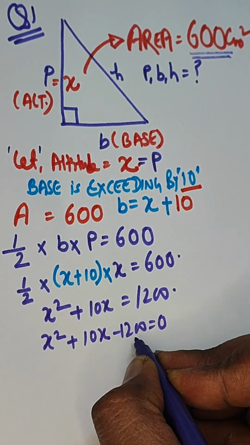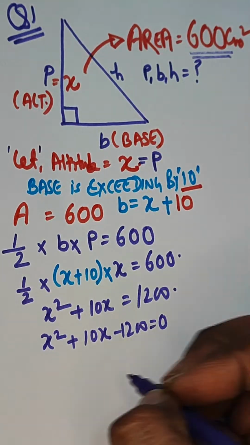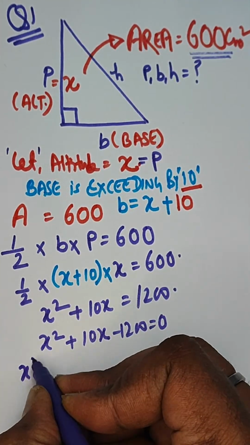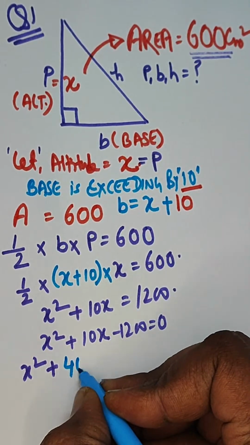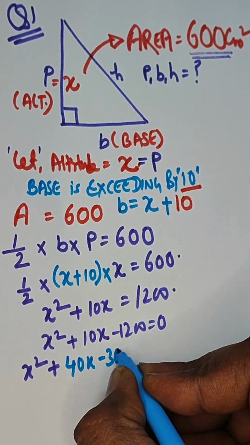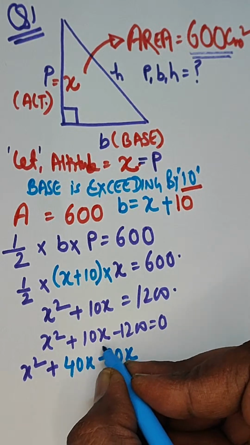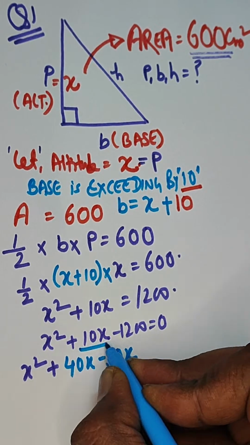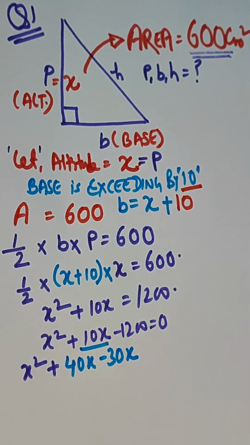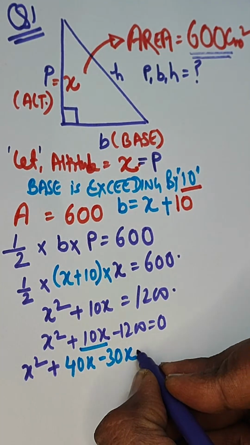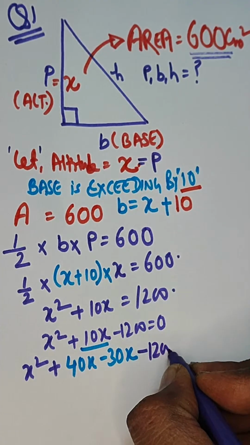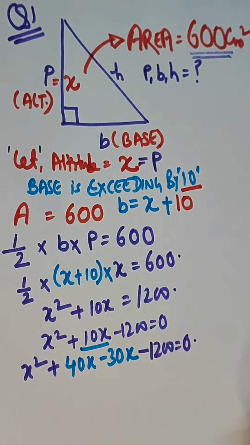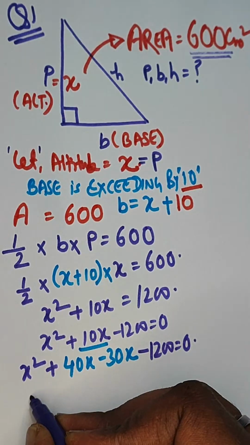40 into 30 is 1200. So we can write it as x square plus 40x minus 30x, splitting the middle term. This 10x is split into 40x and minus 30x. When you multiply them, you get the product of the first and last term. You have the concept of middle term splitting.